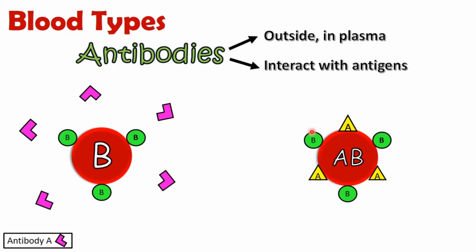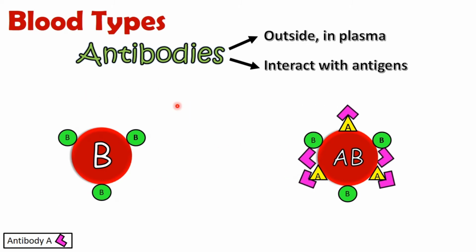So it will cause the reaction: antibody A will attack the antigen A, even though there is an antigen B there. This usually happens during blood transfusion, because they are incompatible. This is dangerous and can cause death.